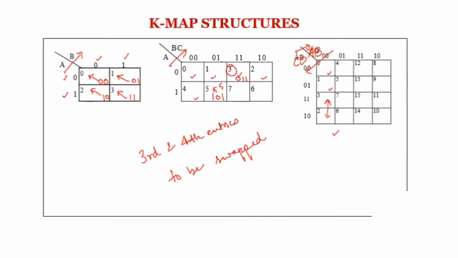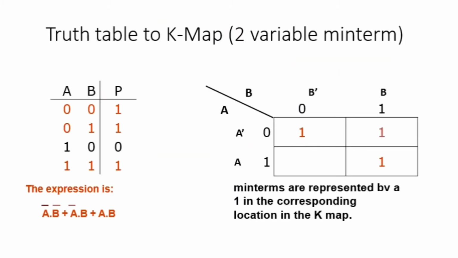Similarly 4, 5, 7, 6. Now it is the third row. I had to start from 8, but that 8 will be entered in the fourth row. So 8, 9, 11, 10 and then 12, 13, 15, 14. So in this way these cells can be numbered systematically.